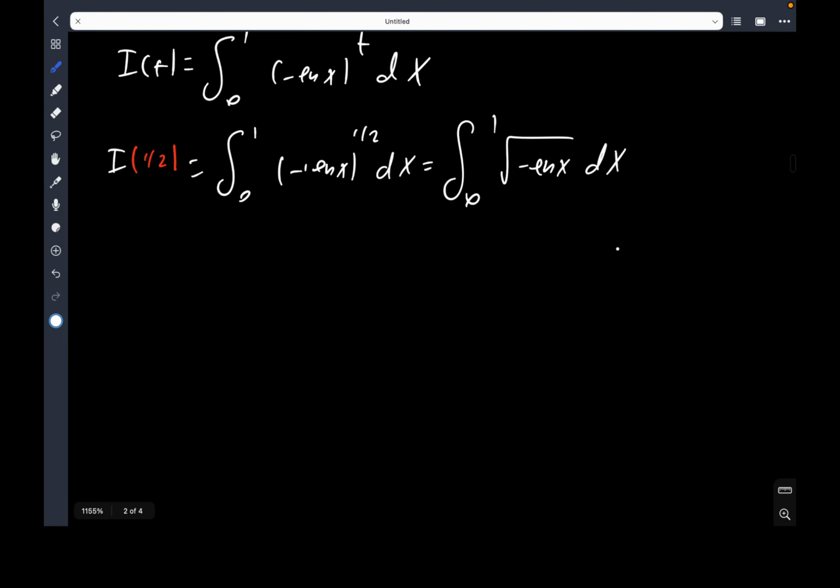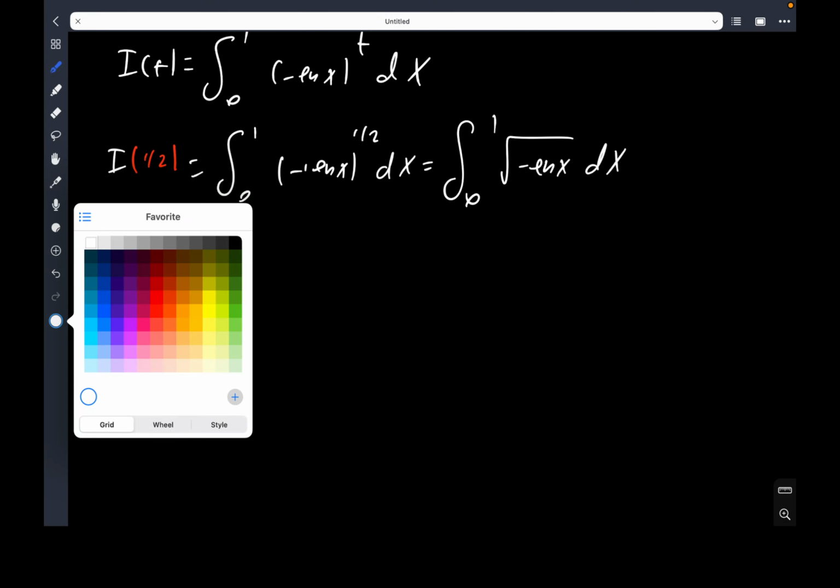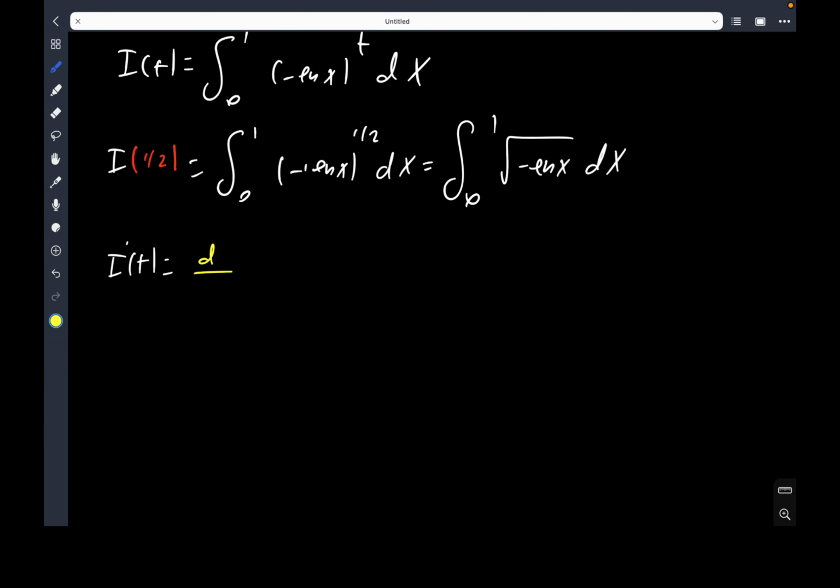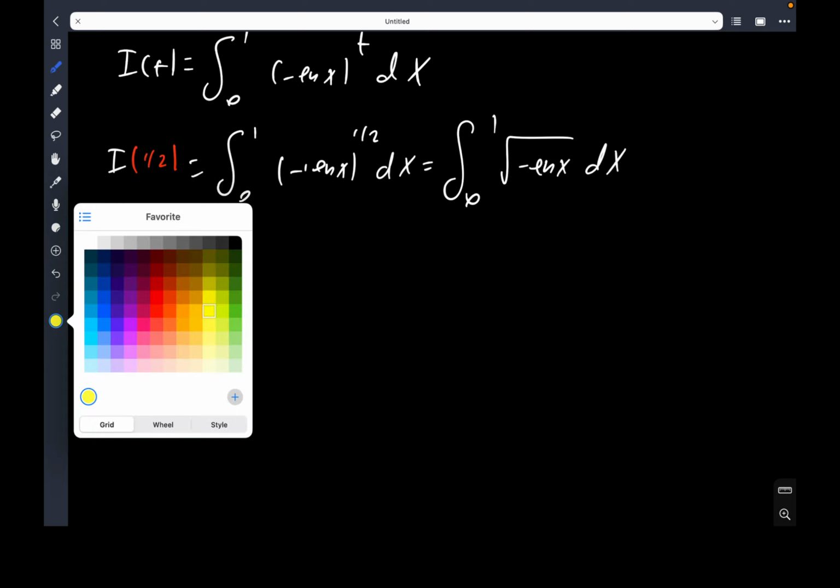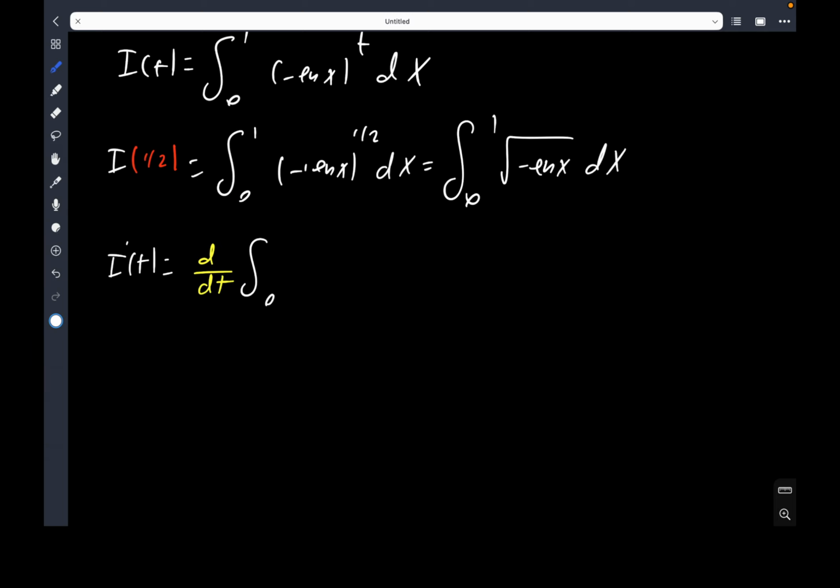Now, if I take the derivative of I of t, I'm going to be taking the derivative of the integral from 0 to 1 of (negative ln x) to the t dx.